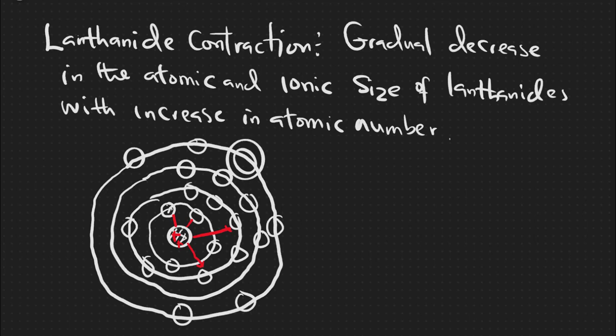For this last orbital, what do you think is going to happen? One thing you should know is that it is far away from the nucleus, and apart from that, the shells before it are actually shielding it from that electrostatic force.